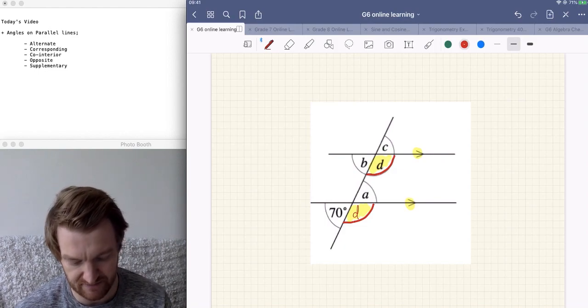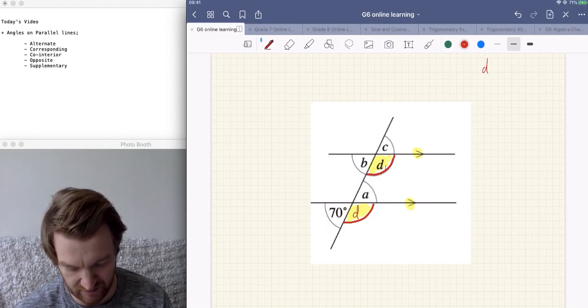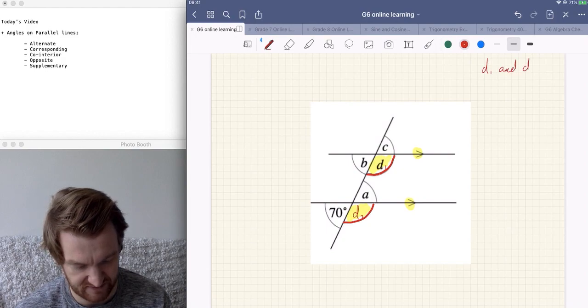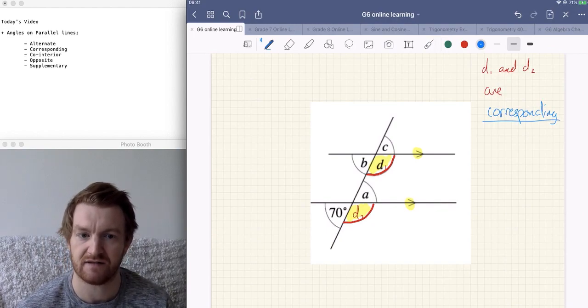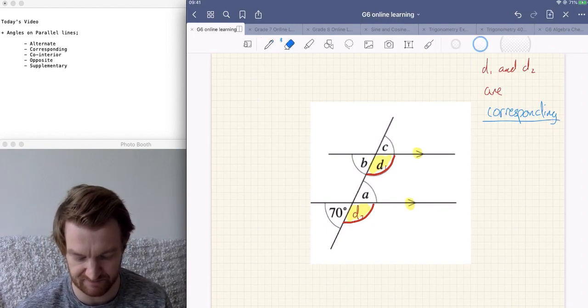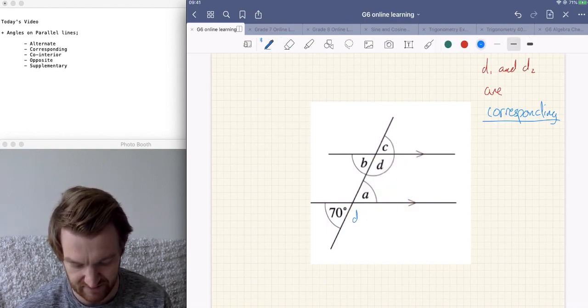These 2 here are the same, so let's call them D1 and D2. We can call them corresponding because they're the same size. How do we know they're the same size? Because the lines are parallel, so that's what tells us they're the same size. So that's straight away, we've jumped into a little fact there. We've got 2 angles the same size here.